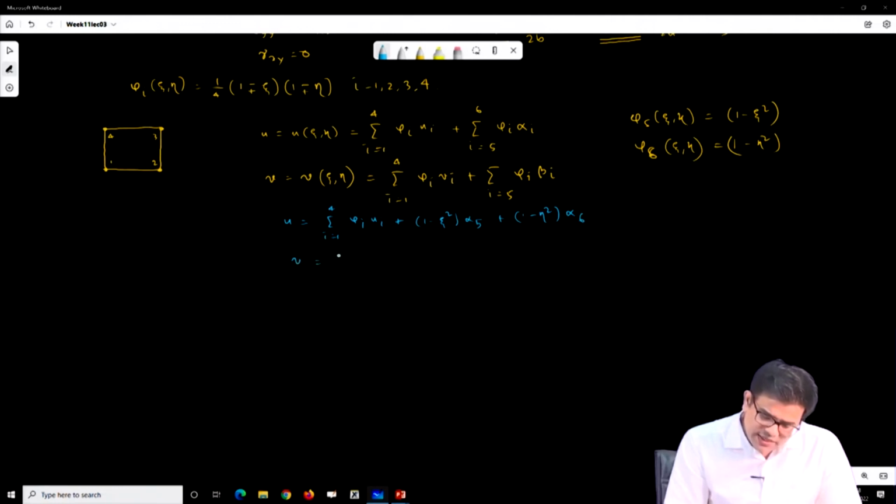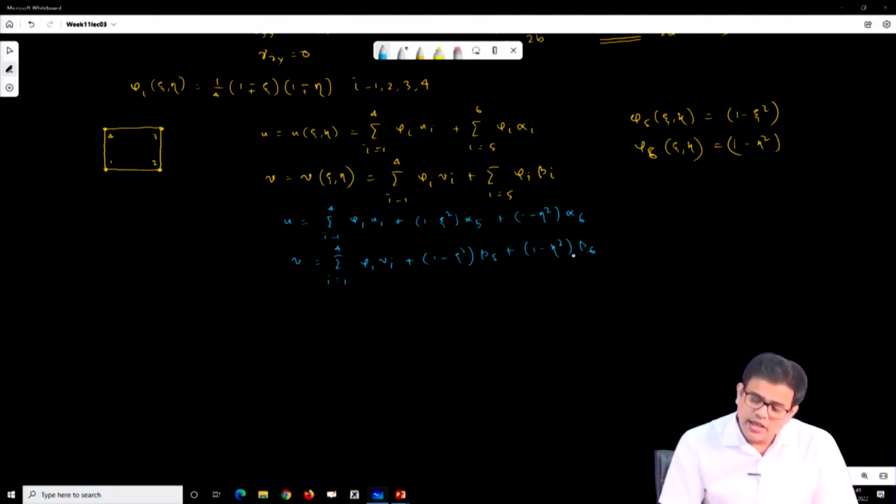Similarly, v is the summation of I equals 1 to 4 phi I vi plus 1 minus xi square beta 5 plus 1 minus eta square beta 6.